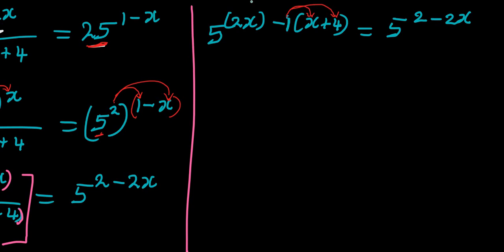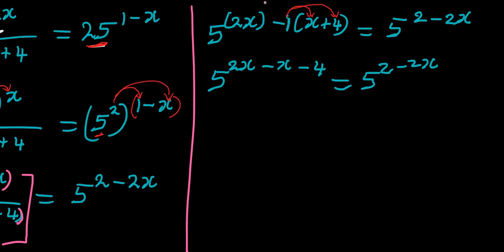So the equation will turn 5 exponent (2x minus x minus 4), since negative 1 times x gives us negative x, and negative 1 times positive 4 gives us negative 4, and this will be equal 5 exponent (2 minus 2x). So you can see that on the left and on the right we have the same base of 5. So now if the bases are the same, then we can equate the exponents.